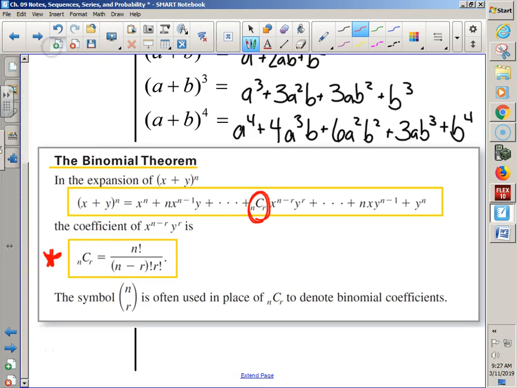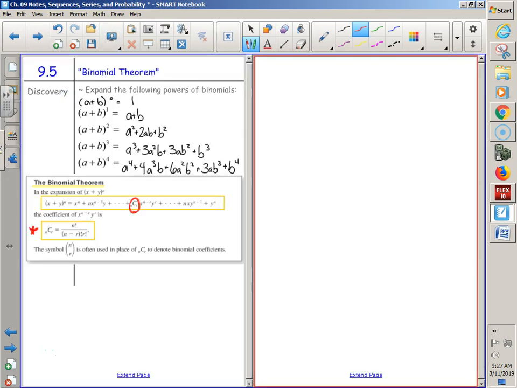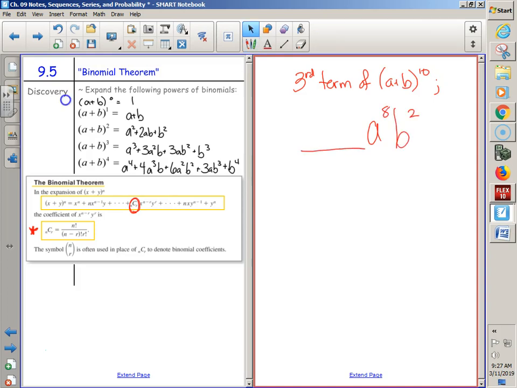So what if I was to insert a page and then do a dual page? Okay, so I'm trying to find the third term of a plus b to the 10th. We figured out it's a to the 8th and b squared. We're trying to figure out this dude, and over here in this formula, it says nCr. Well, hold on.